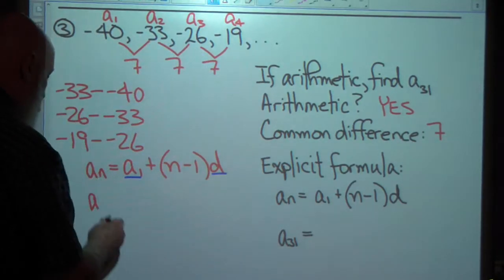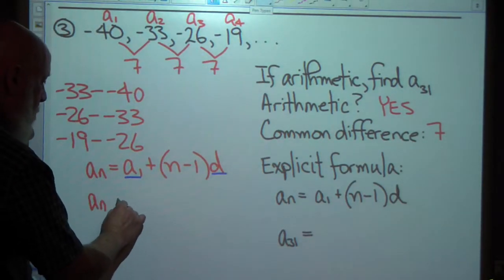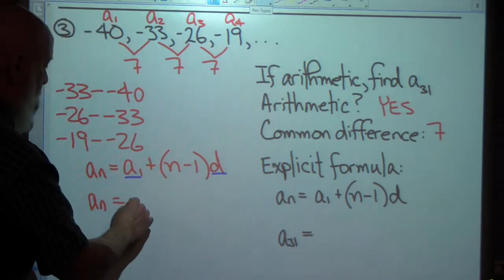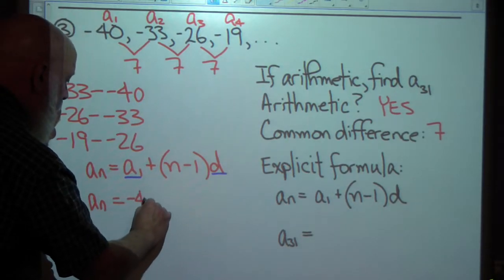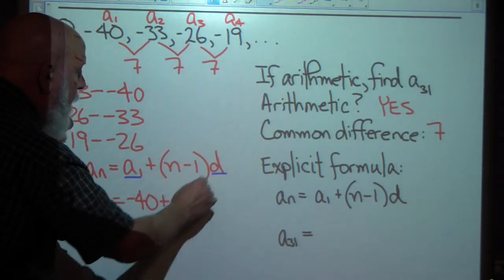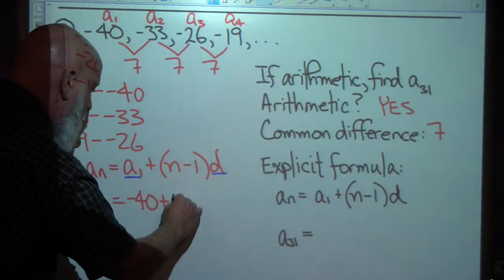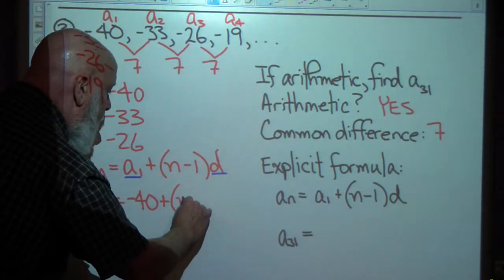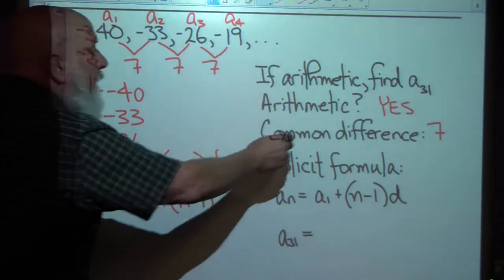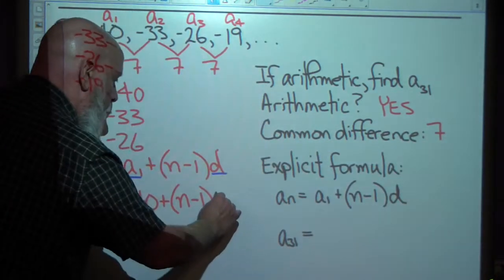So here we go. A sub n is equal to, A sub 1 is negative 40, plus I'm going to distribute this d, whatever value it is, and I found it to be 7.